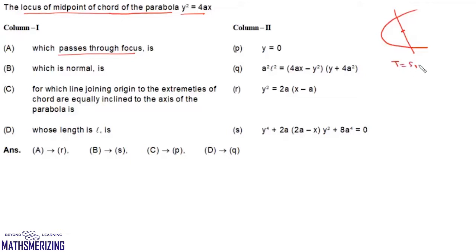by T equals S1. So what we'll do is, we'll take this midpoint as some P and say it is alpha comma beta. Now for this chord, we'll find T equals S1, which is the equation of this chord. So the equation of this chord will be T, which is beta y minus 4a times (x plus alpha) by 2, and it will be equal to beta square minus 4a alpha.